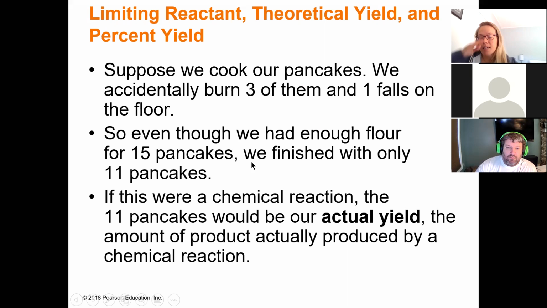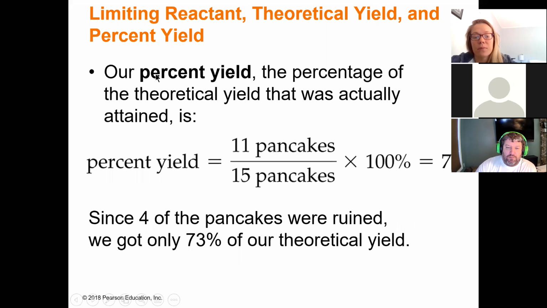So how good were we at making pancakes? That's what the percent yield tells us. So percent yield is actual over theoretical. A comes before T in the alphabet. So A over T times 100.